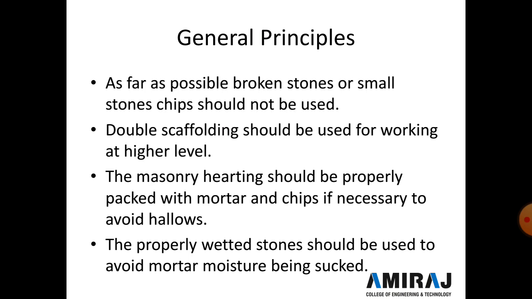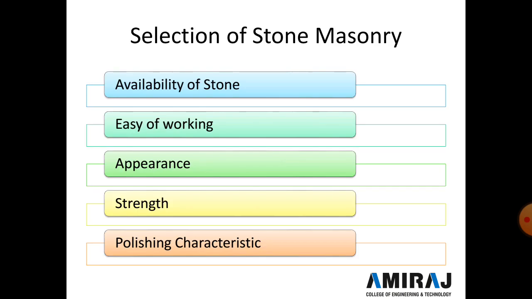Now next is the selection of stone for masonry. So here, first is availability of the stone, next is ease of working, third is appearance, fourth is strength, and fifth is polishing characteristic. These five things are compulsory for selecting stone in masonry work.